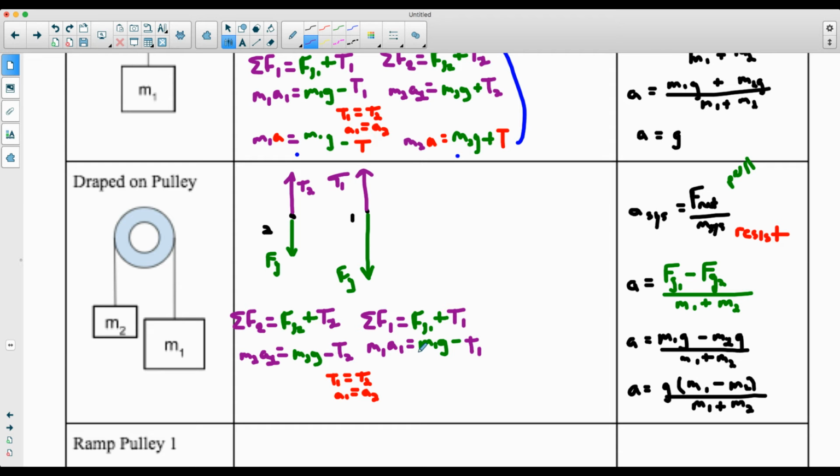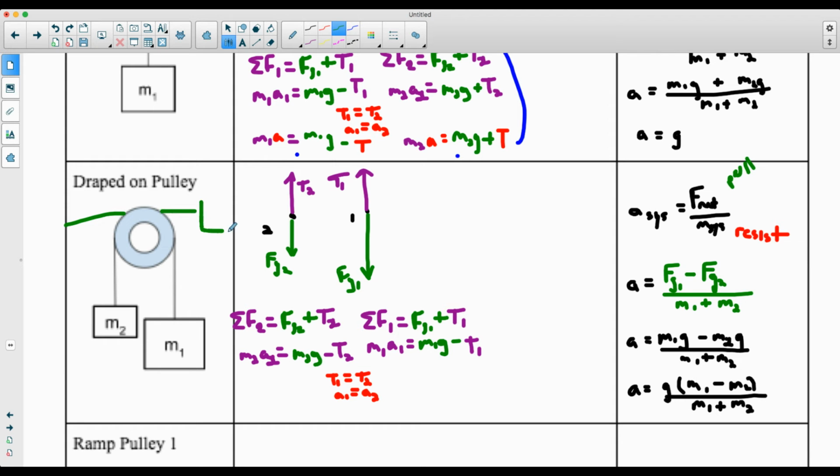And then M1A1. Now, notice here you have to be careful. Though these two look like Fg1 and Fg2, or Fg2 and 1, though they look like they're pointing in the same direction, they are in fact not. Imagine this rope kind of straightened out a little bit.